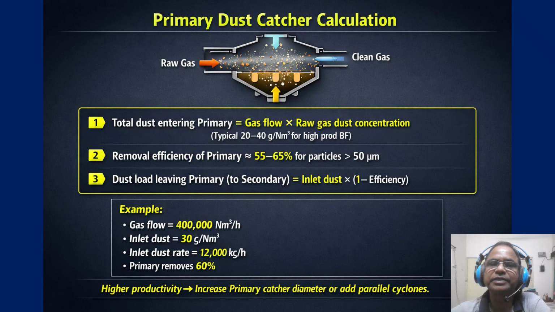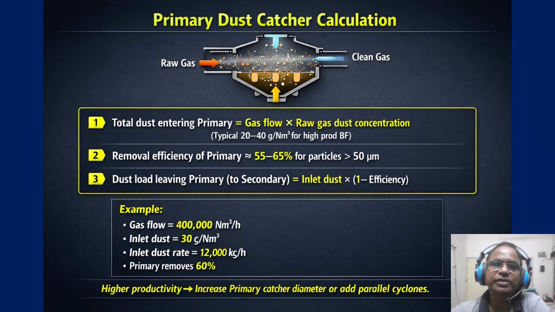Calculate the total dust entering the primary catcher: total dust in kg per hour is equal to gas flow in normal meter cube per hour into raw gas dust concentration in gram per normal meter cube, divided by 1000 to get kg per hour. Typically raw gas dust for a high productivity blast furnace is 20 to 40 gram per normal meter cube.